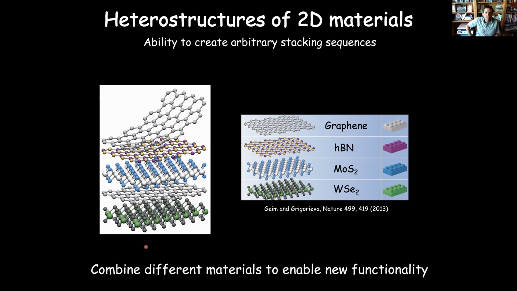The first thing we need to do is have a way of designing these stacks and being able to create these heterostructures. We do that through a micromanipulation process and a dry polymer stamping technique. What you see here is a stage. We have a stamp on it, which is controlled on a 3-axis micromanipulator here.